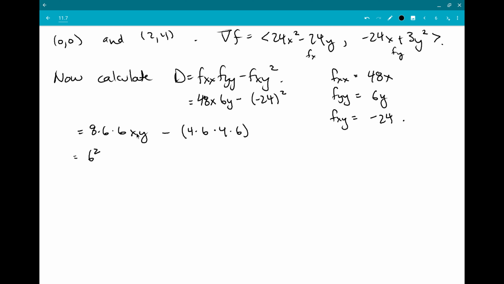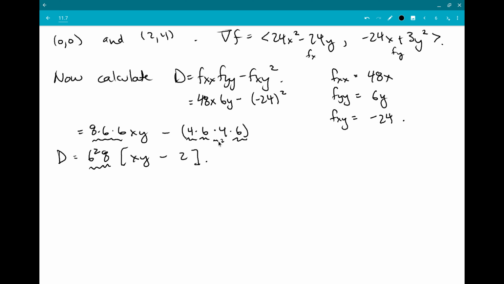So 6 squared can come out front. So can the 8. And then all that's left over is a 2 down in that last component. 4 times 4 is the same as 8 times 2. So I pulled out a common 8. And that's my discriminant. That's about as simplified as I can get it.